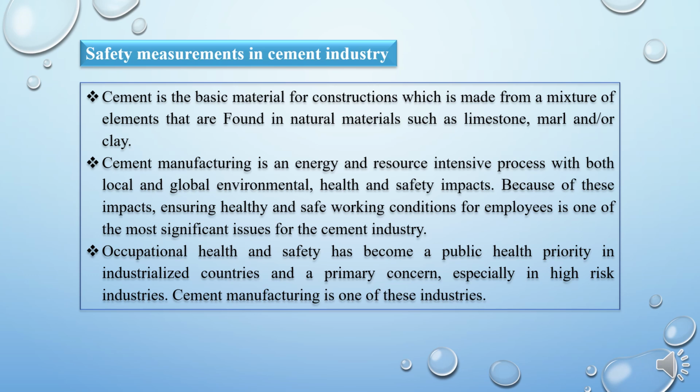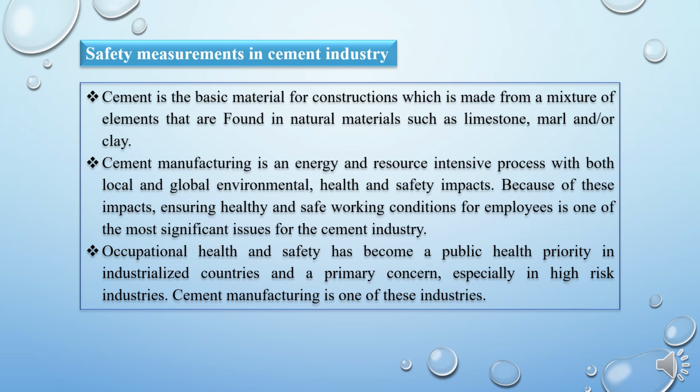Occupational health and safety has become a public health concern in many industrialized countries. Especially in the high-risk industries, occupational health and safety has become one of the primary priority industries of the workers. Students, in this slide he just explained that cement is a basic material for construction, which is made up of limestone, marl, or clay.